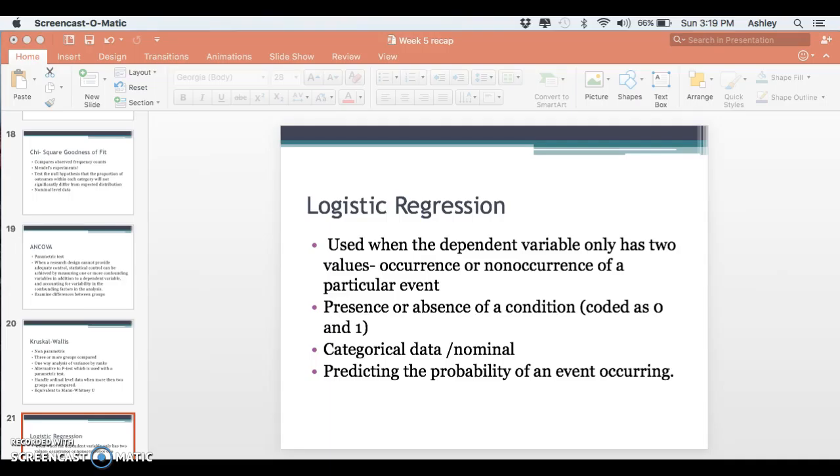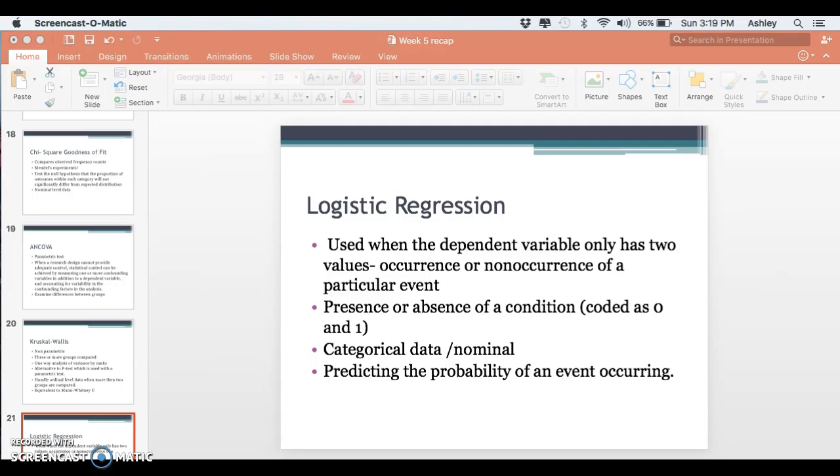You can examine different types of physical and psychological functions as predictors for a successful return to work. In this case, you would want to use logistic regression.